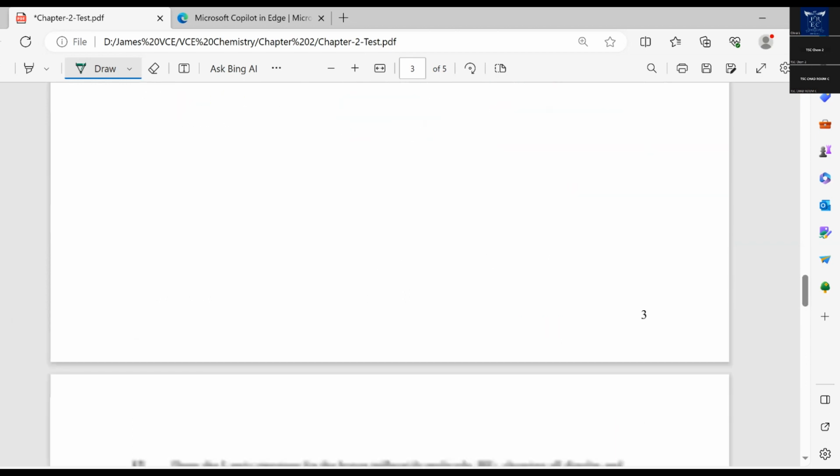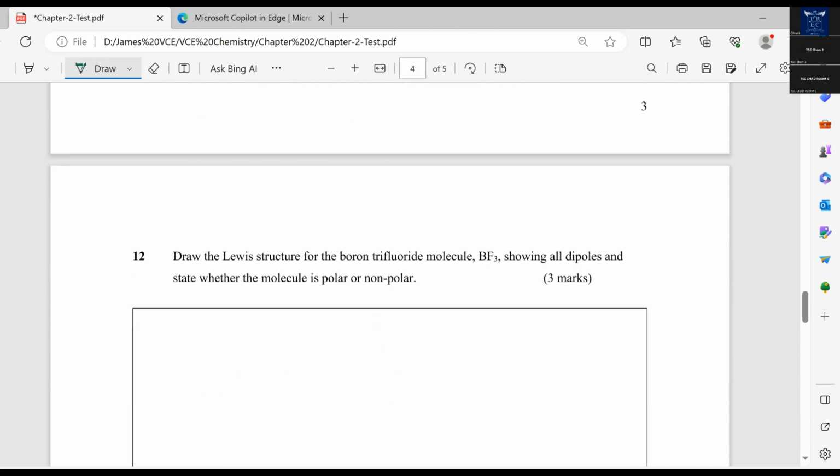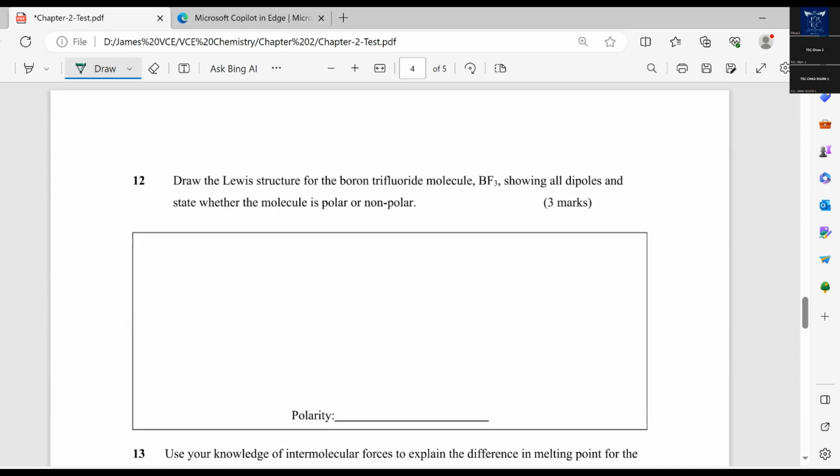Okay, the next one, draw the Lewis structure for the boron trifluoride molecule, BF3. This one we have tried before. We have drawn that one before. Boron is in group 13, which means that you are going to have 3 electrons in its outermost shell.